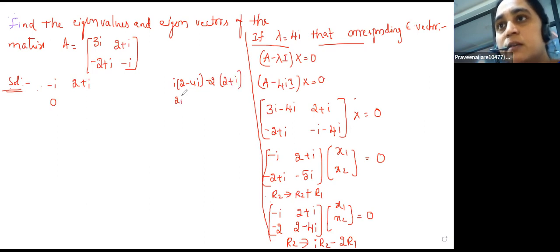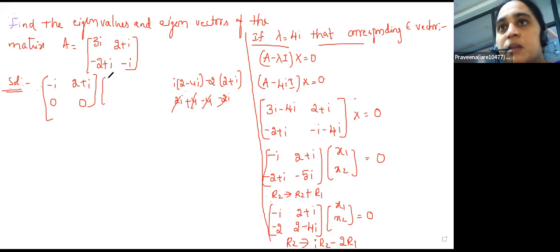That is 2i minus 4i square, i square value is minus 1, that is plus 4, minus 4 and minus 2i. Therefore, this is 0, right? That means for the second row, second element is 0. Is it clear? Then x1, x2.